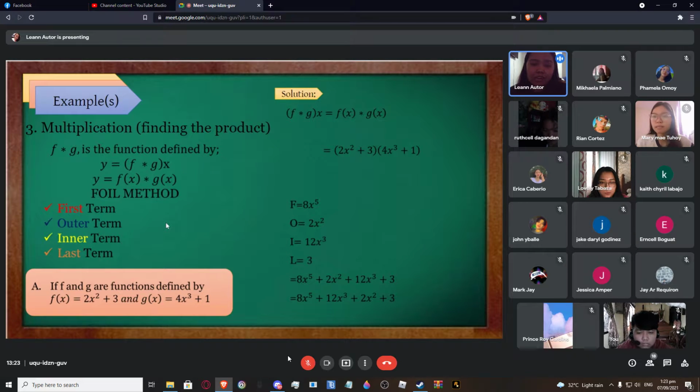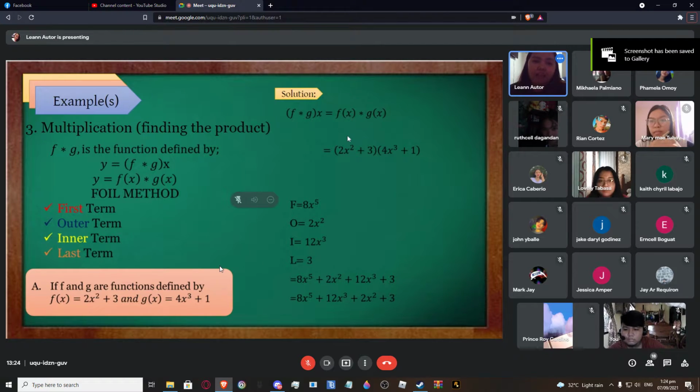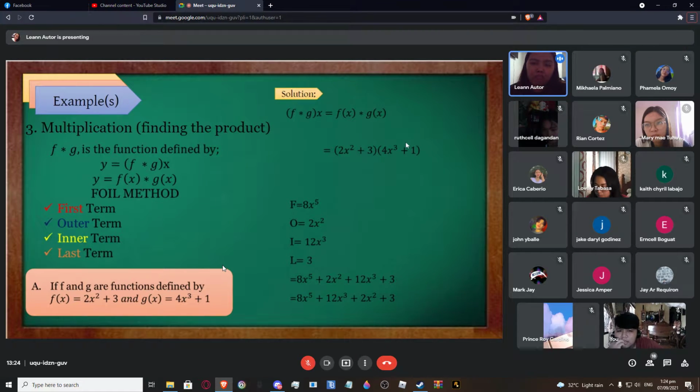So diretso na nato. Solution: we have f of x times g of x. In this given function, 2x squared plus 3 and 4x cubed plus 1, atong gamiton ang FOIL method.